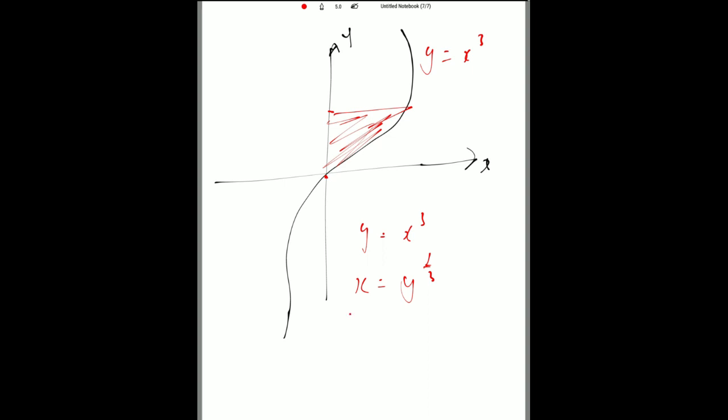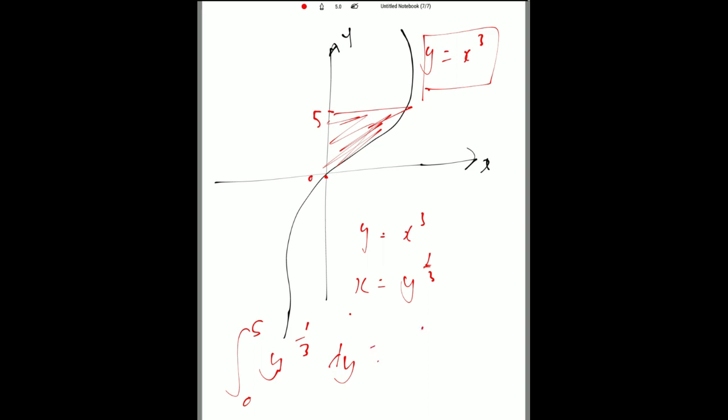We want to find the area between this curve and the y-axis from y equals 0 to y equals 5. So how do we go about doing that? We integrate y to the 1/3 with respect to y from 0 to 5. And what do we get?